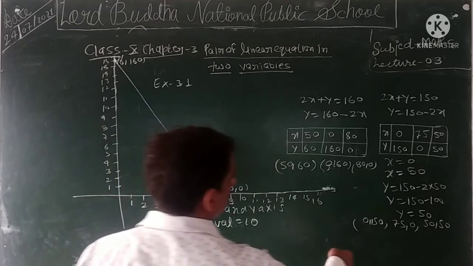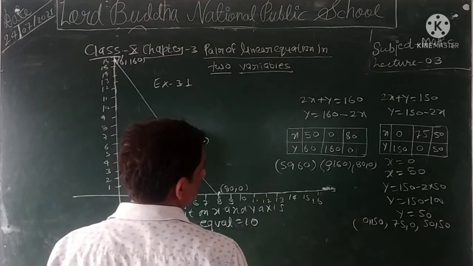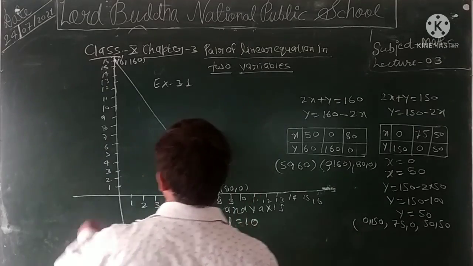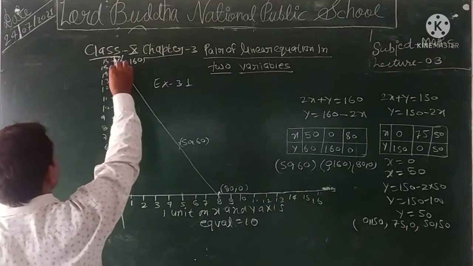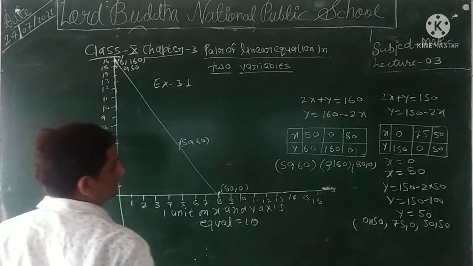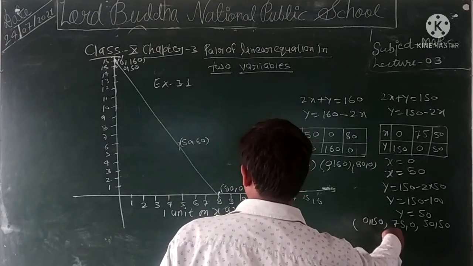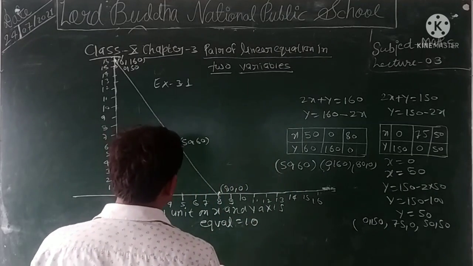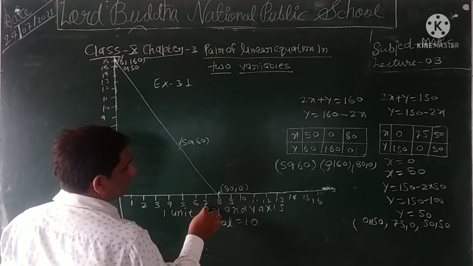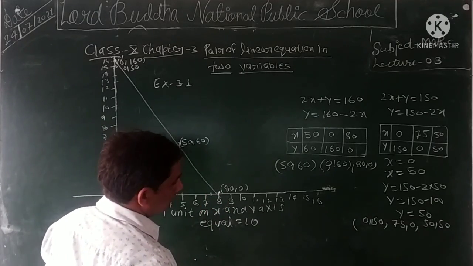We see that in the first, 0 150 means here this will be 0 150. Now the second one is 75 0. 75 means 7 units and a half. This will be something here.